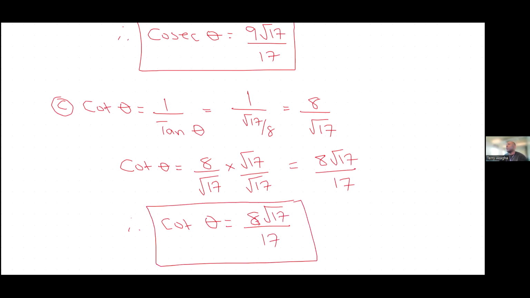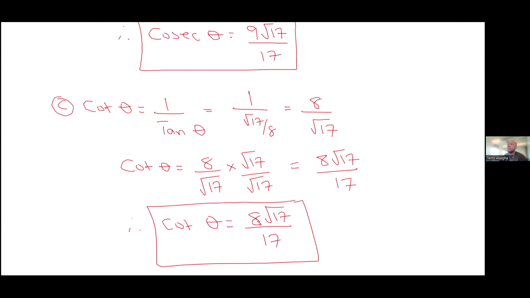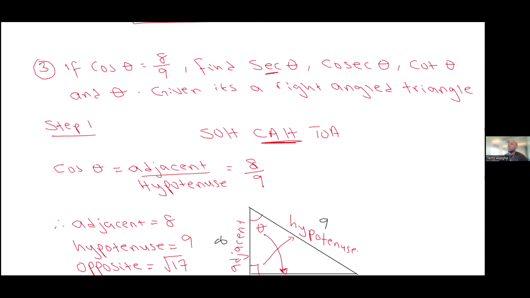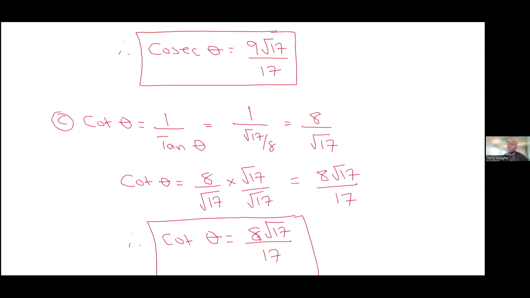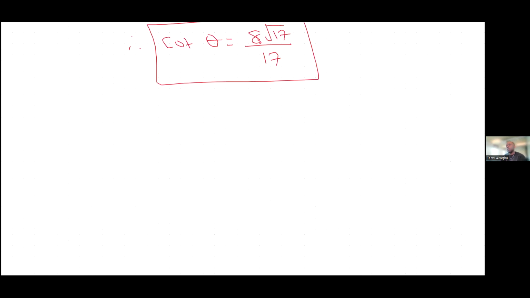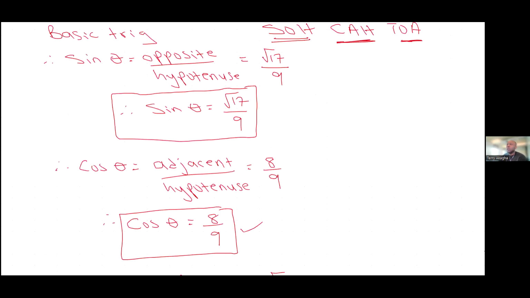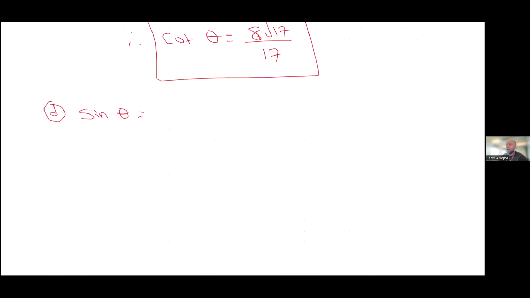All right. So the final one for this was we need to find theta, I believe. Yes, that's the D. To find theta, you can use any of the basic trig ratios. You can decide to use sine theta, which we had to be root 17 over 9.